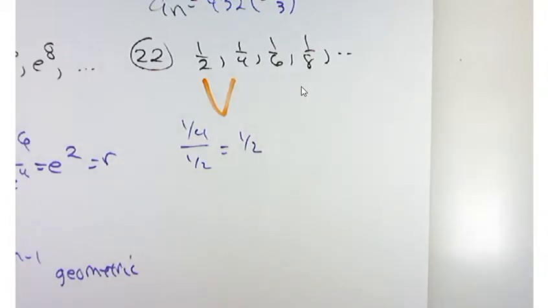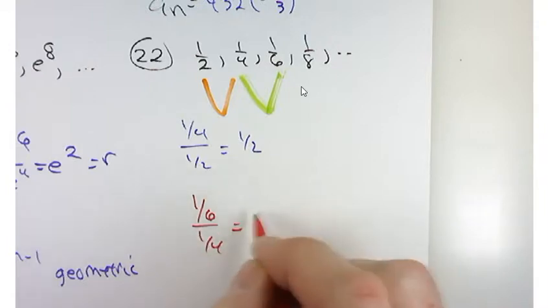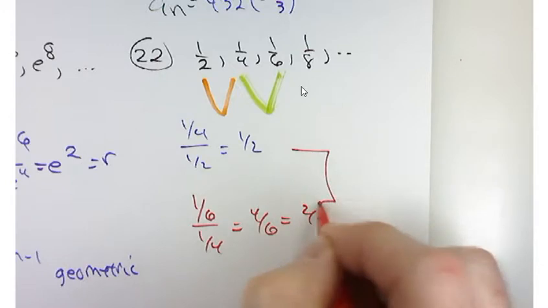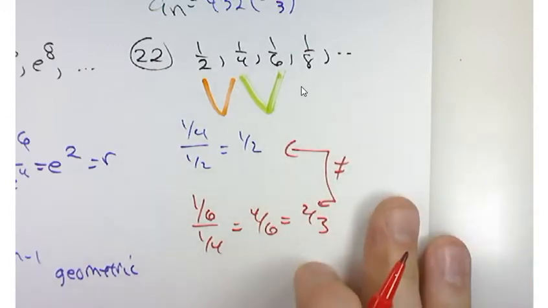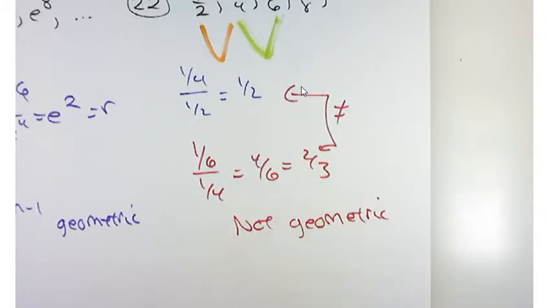Whereas over here, 1/6 divided by 1/4 turns into 4/6, which is 2/3. And these are not equal. So you don't have a common ratio that you're multiplying to get from one term to the next. So not geometric. And that's really all you got to decide, is whether or not this is geometric.